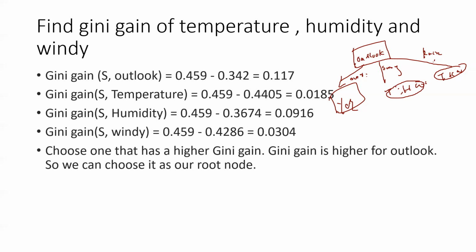Overall, we don't actually keep on solving this in practice. We'll be using machine learning packages like sklearn. What we want to understand is that this is the numerical execution happening behind each and every algorithm. One was entropy, the other was information gain.